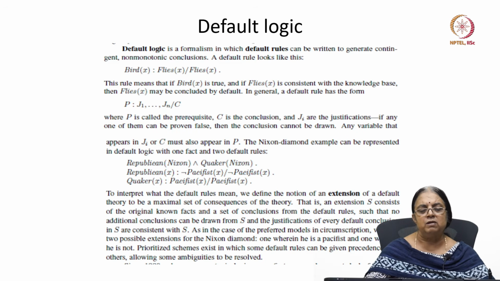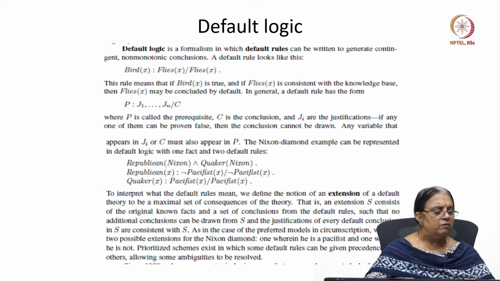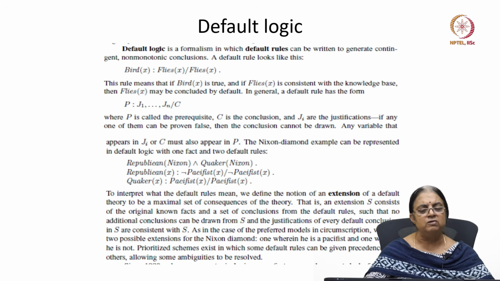So next we come to what is called default logic. We can see actually that all human beings work on default logic. We have some default values in our mind. For example, if you are going to somebody's house, you assume that everybody likes flowers, so you can take flowers and give them flowers, right? That is the default logic.